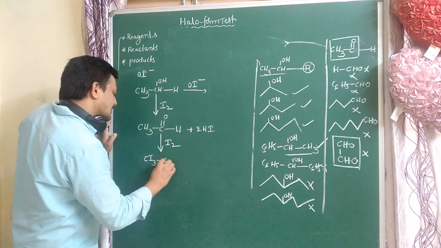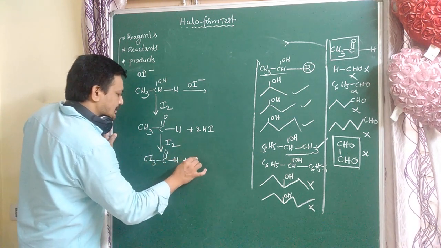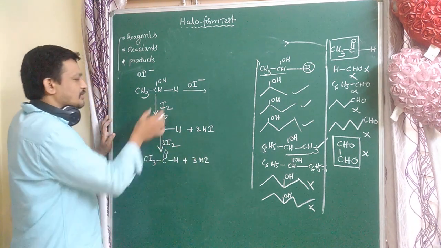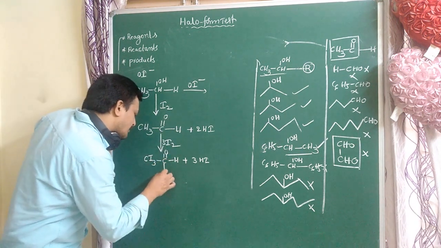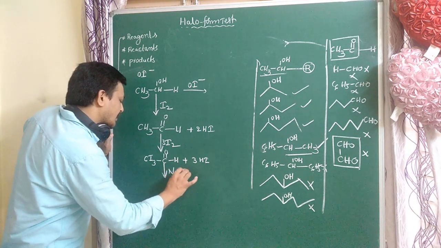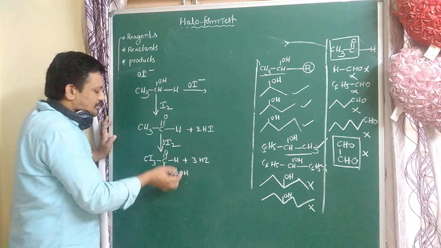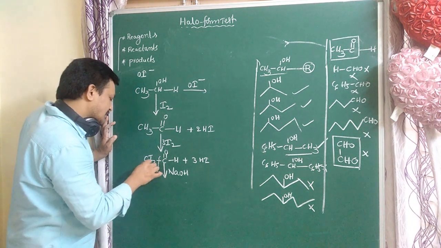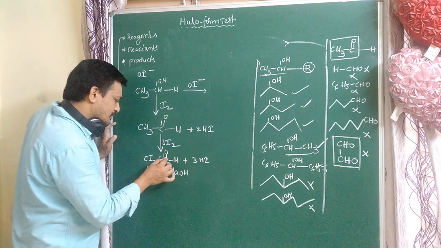CI3-CHO plus 3HI. Here 1 molecule of aldehyde reacts with 3 molecules of iodine. Next is hydrolysis, the breakage of the bond, using NaOH or KOH. Here the salt is formed. To break it, break here and add H, and the remaining part is added to the other part.